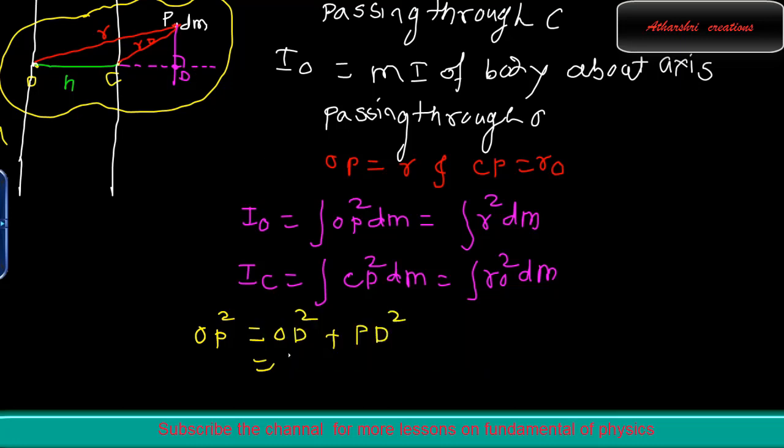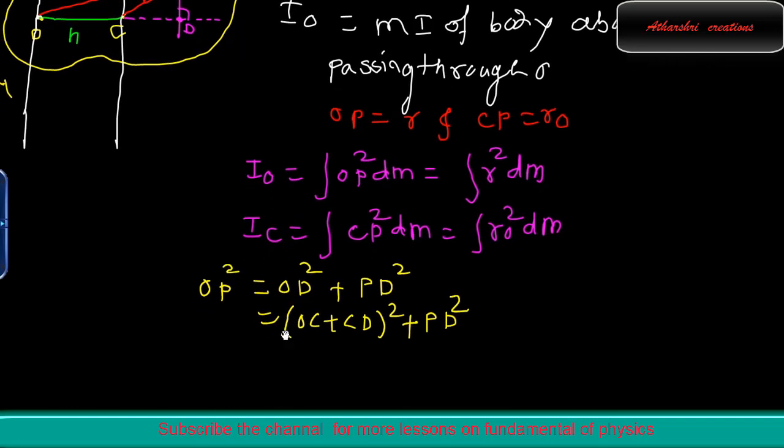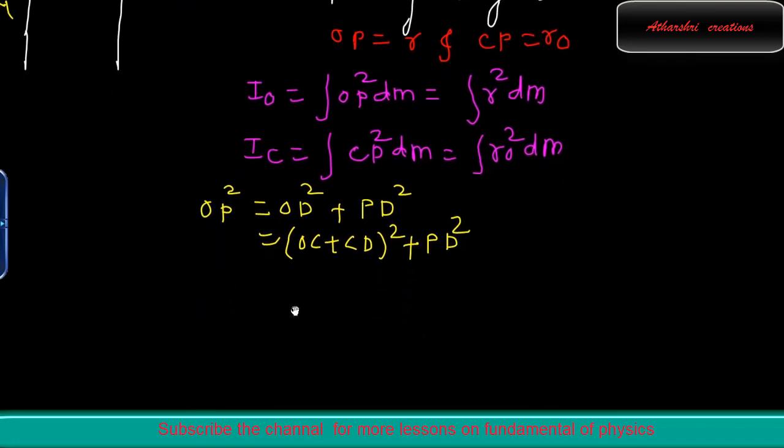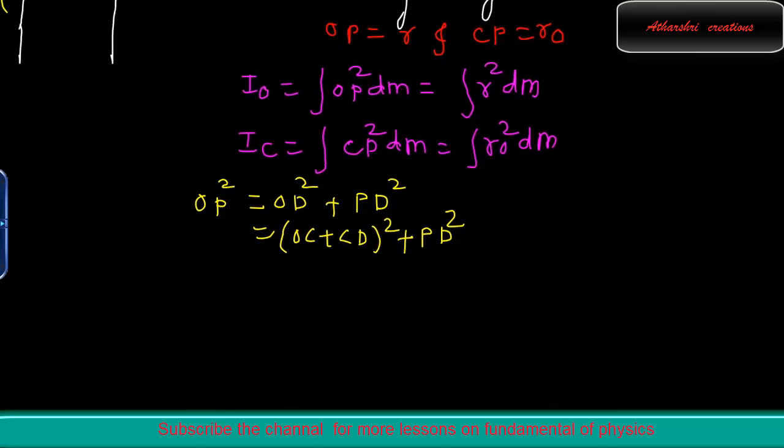Hence we can write OP square equals (OC plus CD) square plus PD square, which is equal to OC square plus twice OC into CD plus CD square plus PD square.